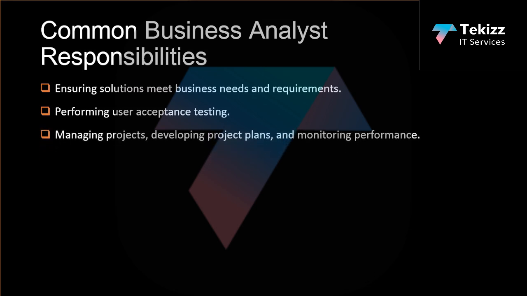And then managing the project, developing the project plans, and monitoring the performance of the team or the project, and then updating, implementing, and maintaining the procedures. So whatever the procedures are there as per the business requirement, they have to update that, or they have to implement that, and also they have to maintain that procedure.